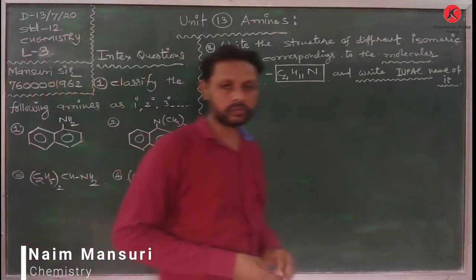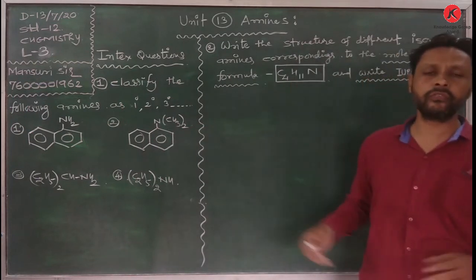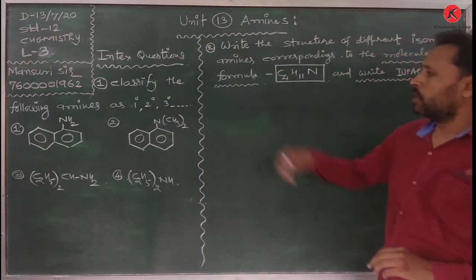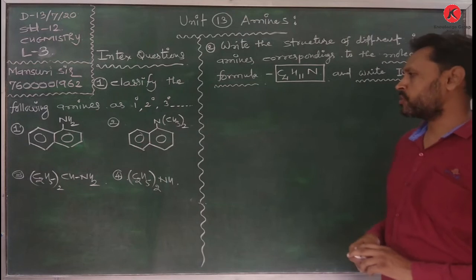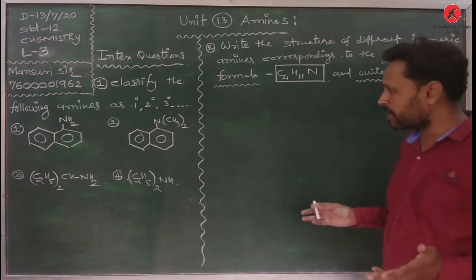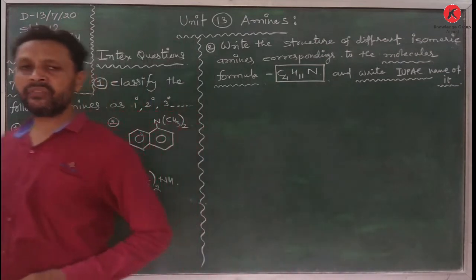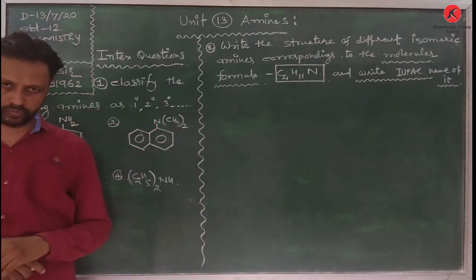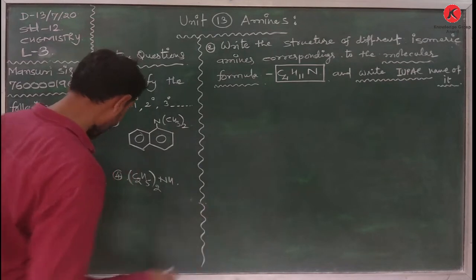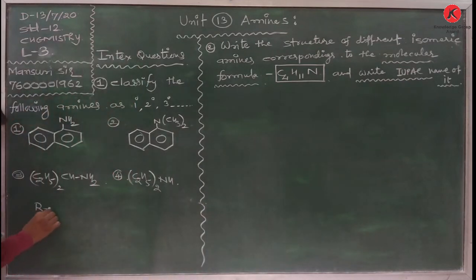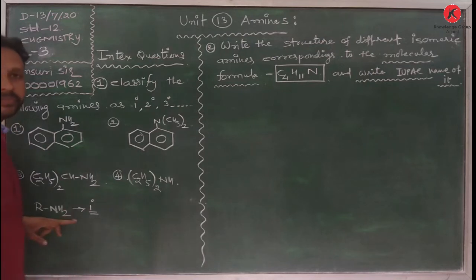Now friends, we will discuss the in-text question of the textbook. Classify the following amines as primary amine, secondary amine and tertiary amine. As we know, whenever we use RNH2, nitrogen has 2 hydrogens. This is your 1 degree amine, right?